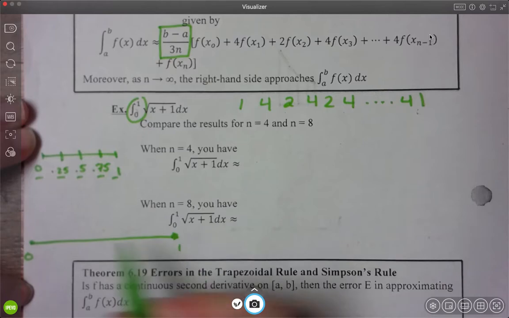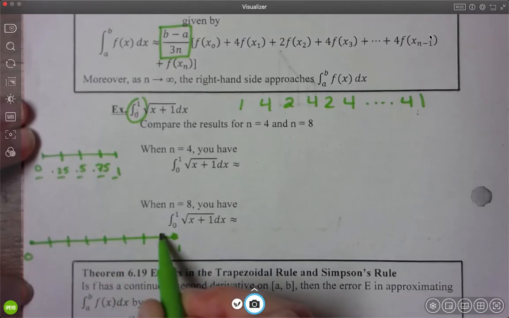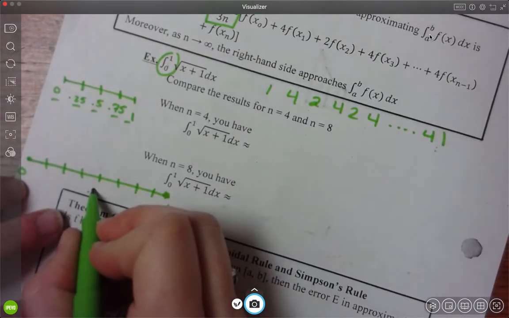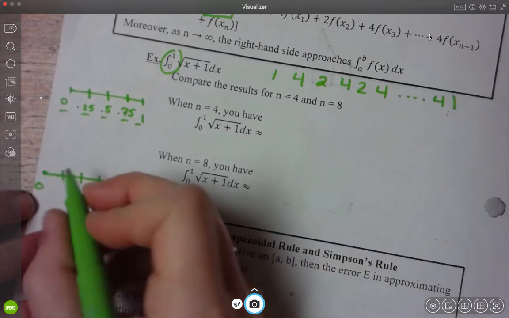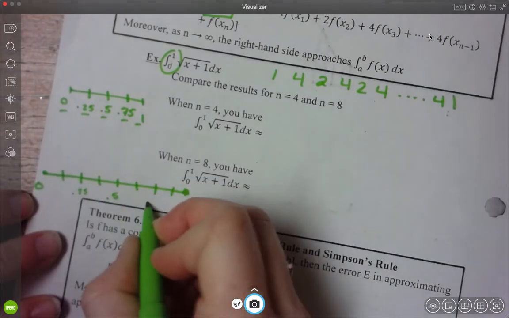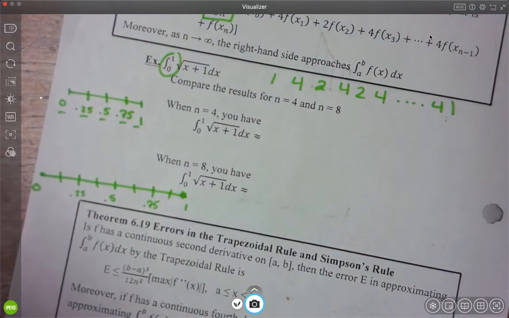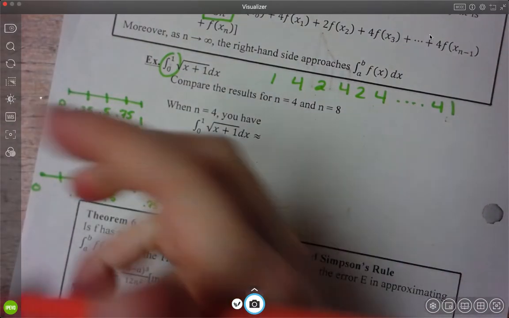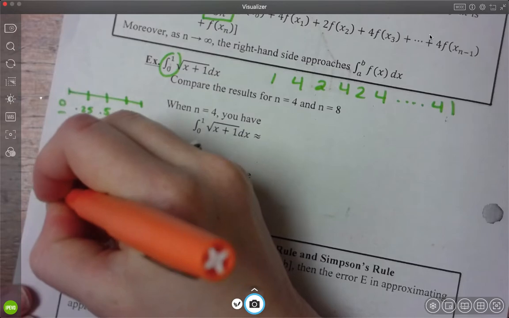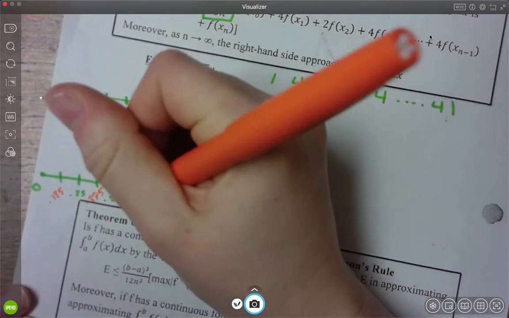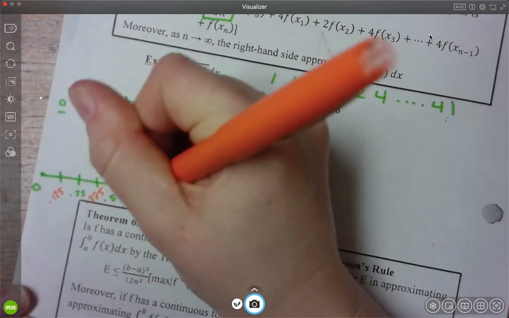Here's 0, here's 1, half, half, half, half, half, half, half. So right here, this would be 0.5. 0.25 would be here. 0.75 would be here. And then these ones in the middle here are going to be 0.125, 0.375, 0.625, and 0.875.